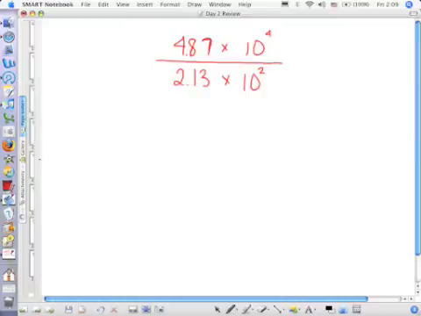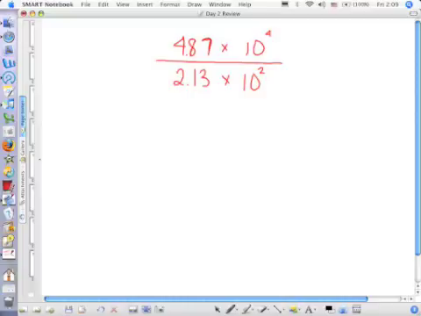We also had division. 4.87 times 10 to the 4th power divided by 2.13 times 10 squared. Divide those two from the left. Same thing as the multiplication.